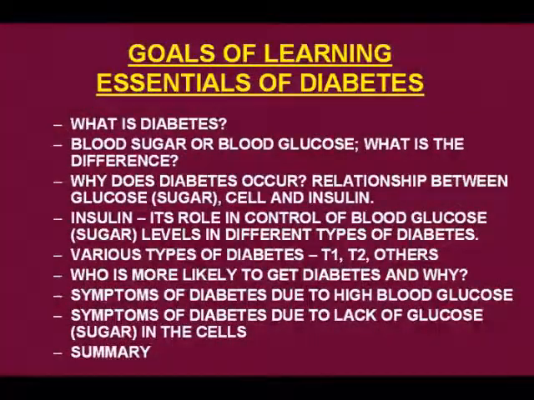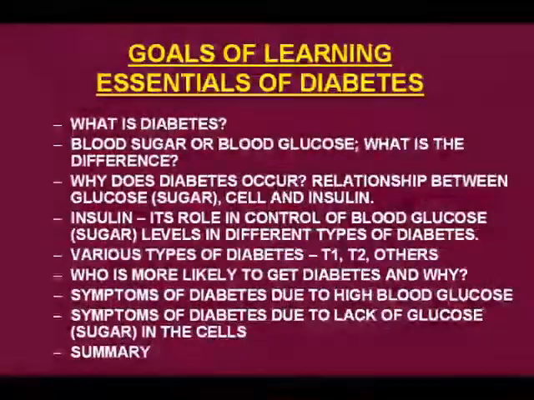You will learn who is more likely to get diabetes and why. You will also learn symptoms of diabetes due to high blood glucose levels and symptoms of diabetes due to lack of glucose in the cells.